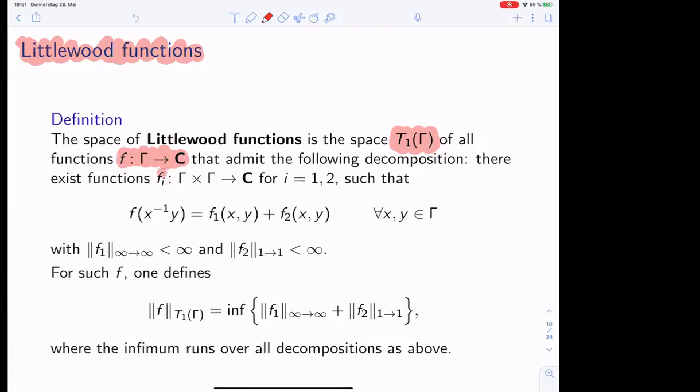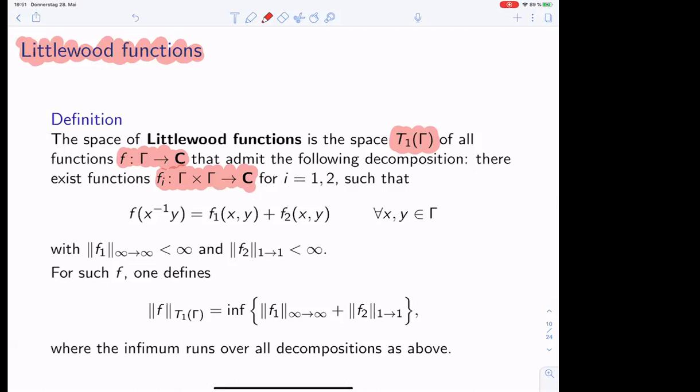So first of all, what will play a role in the definition of the space of Littlewood functions are functions not defined on gamma, but defined on two copies of gamma, on gamma times gamma. Each such function, let's say for the moment finitely supported, to keep it simple, or let's say in some sense in L1, gives rise to a convolution operator, let's say on the space of compactly supported functions on gamma, by the usual formula.